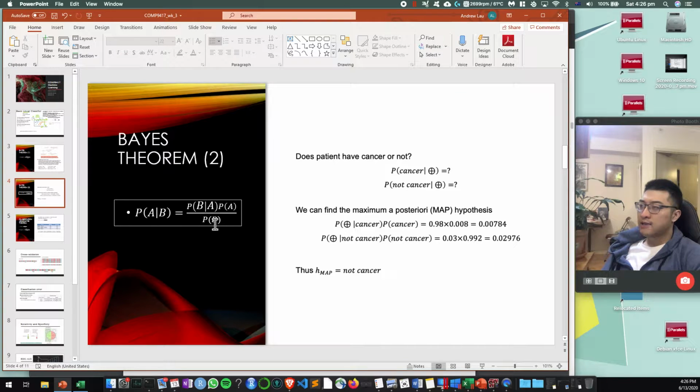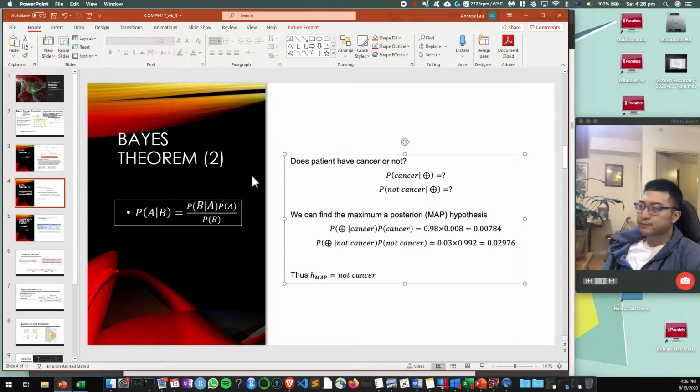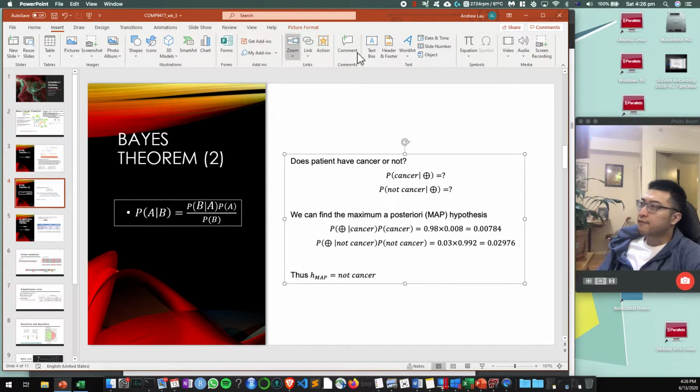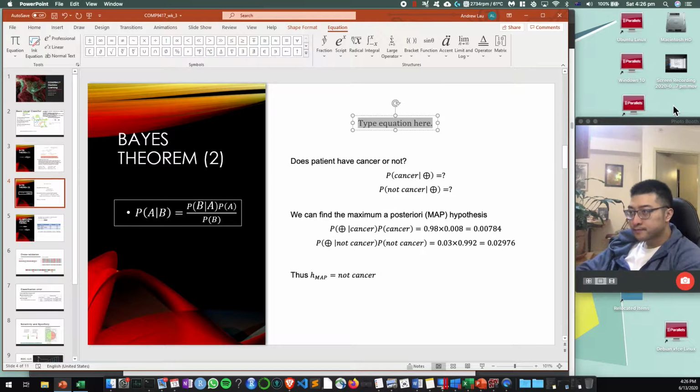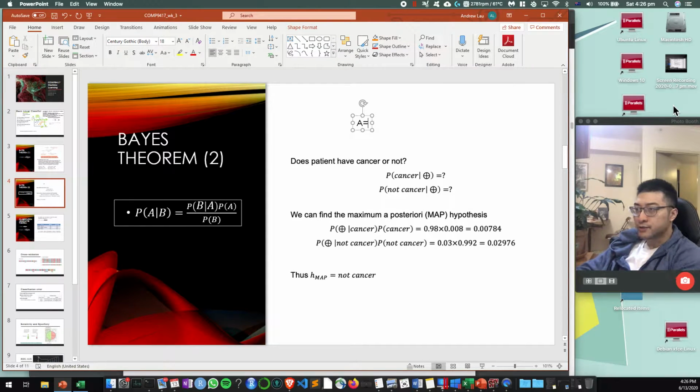The denominator is the same in both of these, right? Because the A in the top one, maybe I'll flesh it out so I can sub it in. So in the first example, A is equal to cancer. I'm talking about this formula here, and then the conditional is equal to a positive test.